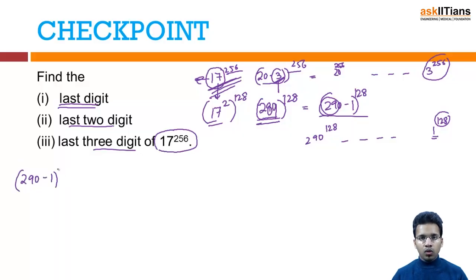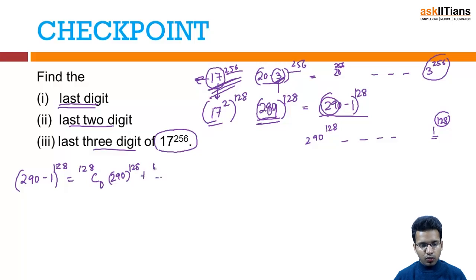Let's see what we get. This is again 128. So I'll start with 128 C0, 290 raised to power 128, then 128 C1. I'll write 2 terms, then I'll write from the end. I'll tell you the reason also.